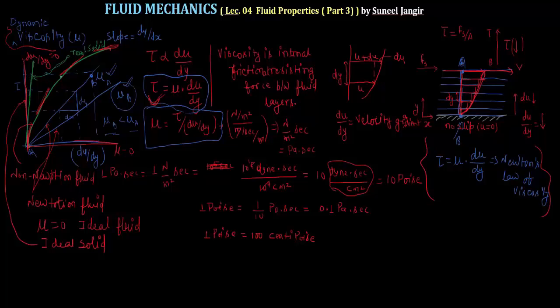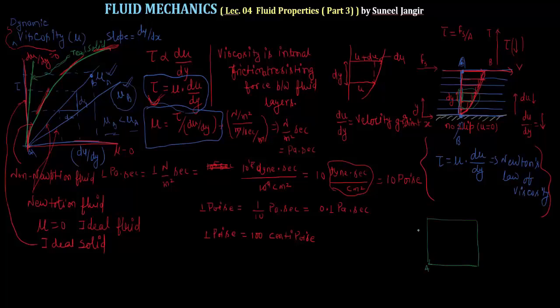Why? Let's see here. Again, let me consider this diagram and this particular section. I am saying there is a fluid element in between these layers, so I am drawing it here.